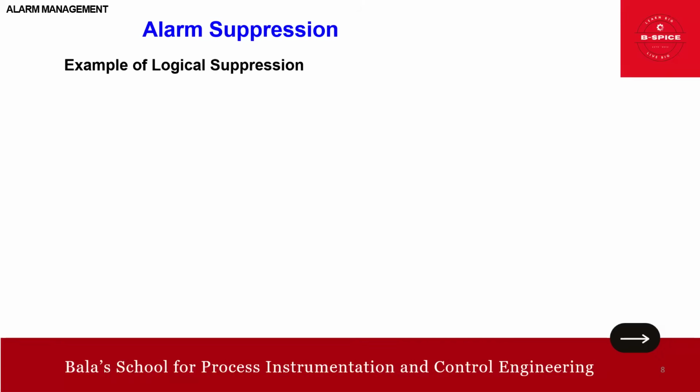So the point is LSLL, which trips the pump already, should not normally be an alarm. If the alarm is justified, it can be suppressed on a unit shutdown after the pump has been stopped. Then what is the point in having this? So that is the thing.